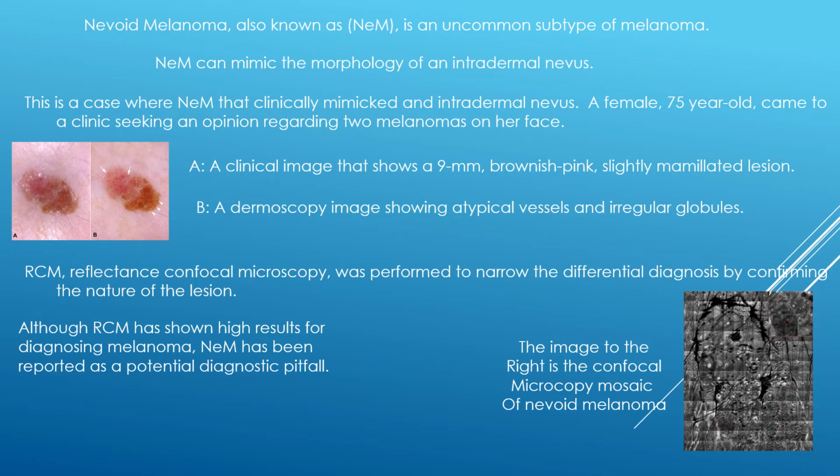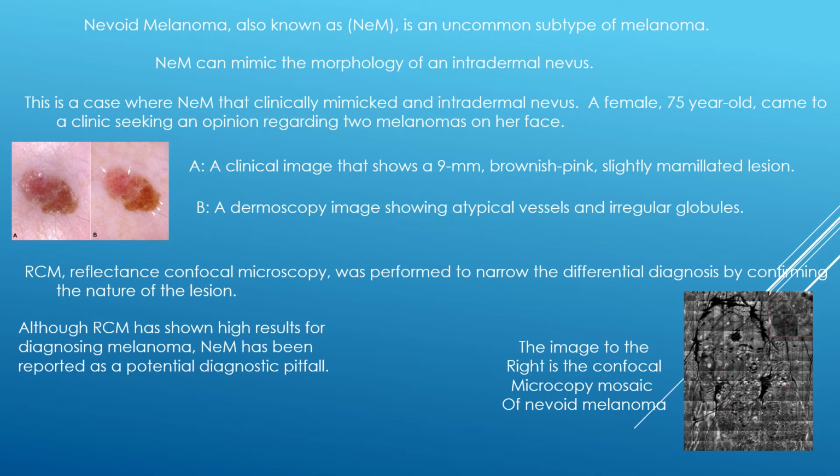In this case, a 75-year-old female came to a clinic seeking another opinion regarding two melanomas on her face. Here is an image of both of them. On the A side of the image was the clinical image that shows the 9mm brownish pink, slightly raised lesion.